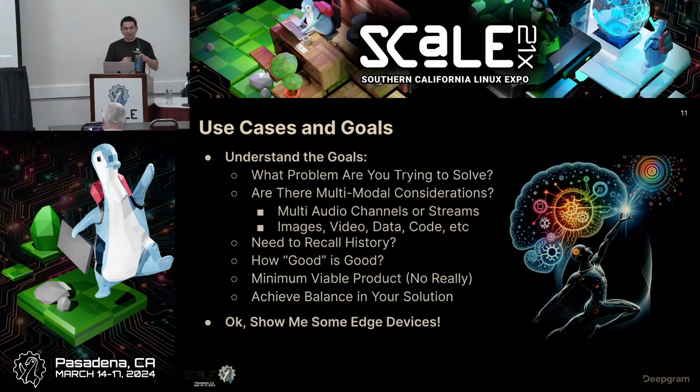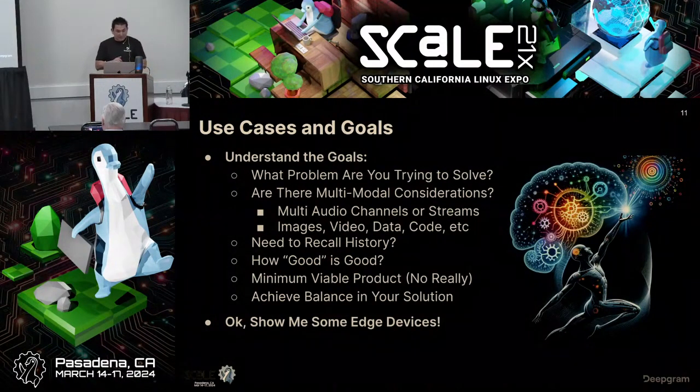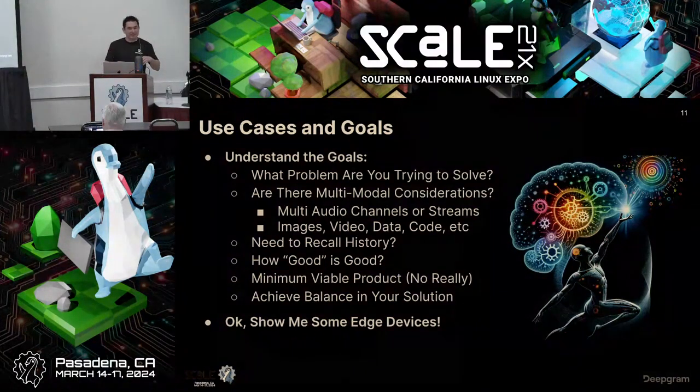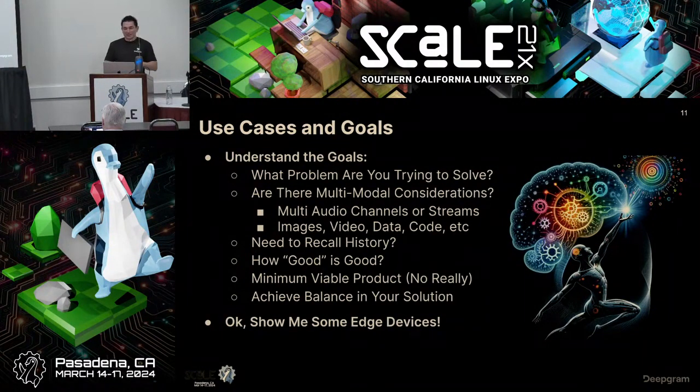Other use cases and goals: what if you want your device to be intelligent and remember history? When we interact with Google Home or Siri, you say something, it gives you the weather, it's sunny today, and then you go to the next question. But if you ask about what was the weather I just asked about, it's not going to understand, right?